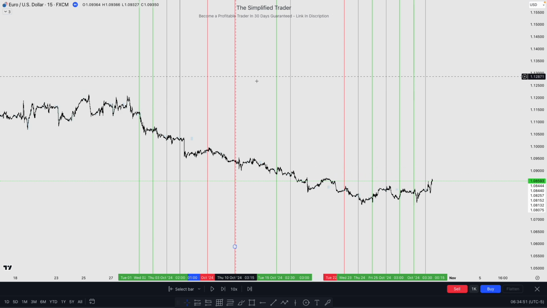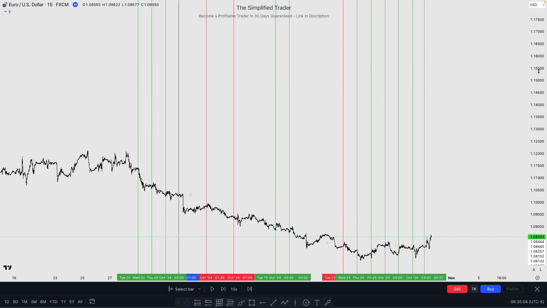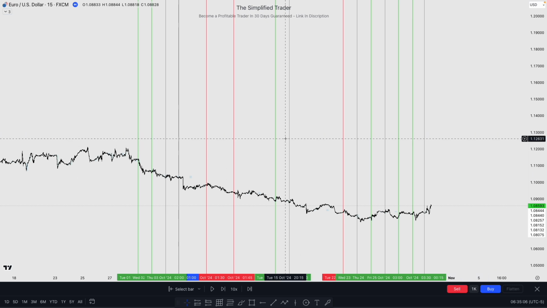Here I've gone and done a little back test on the month of October for Euro USD on the 5-minute time frame. And we can see that we have 1, 2, 3, 4, 5, 6, 7, 8, 9, 10, 11 wins and 3 losses. So let's see, we only go for 2R and the blue line is my break-even trade. Green is obviously a win, red is obviously a loss.